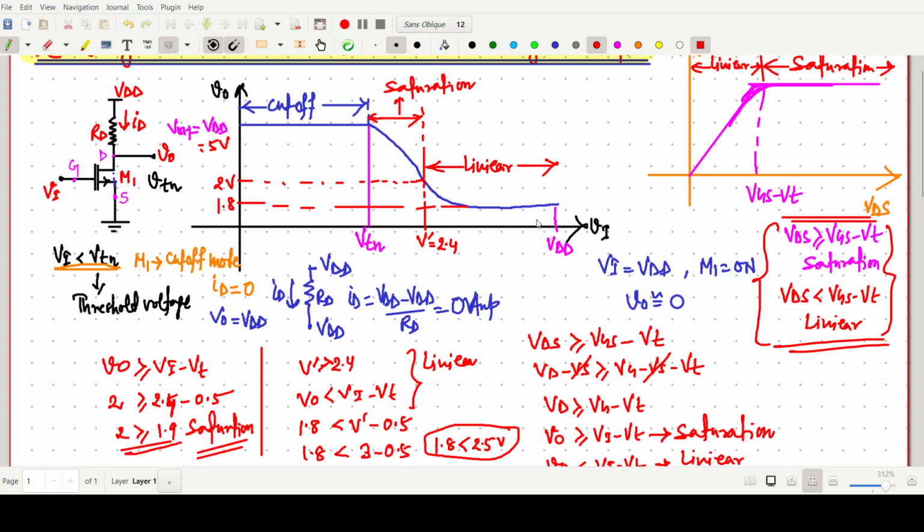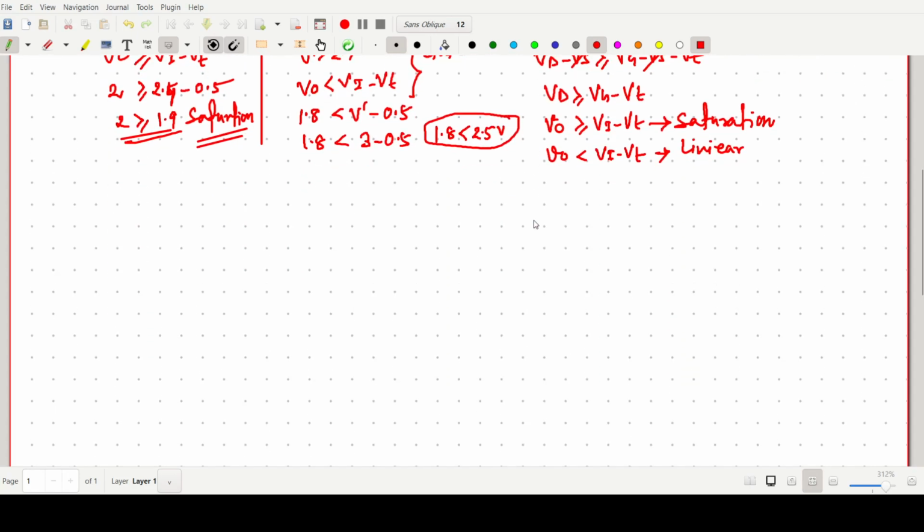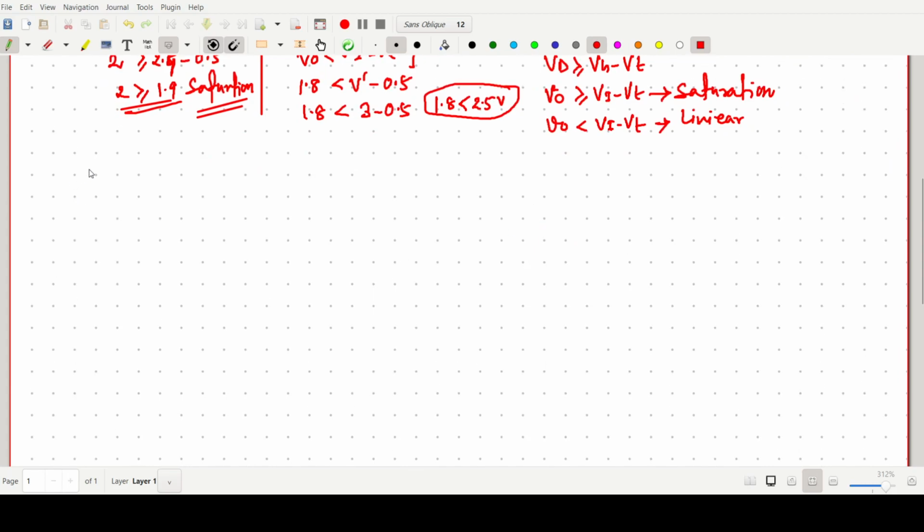Now if we plot the same curve, here I am doing the same thing.